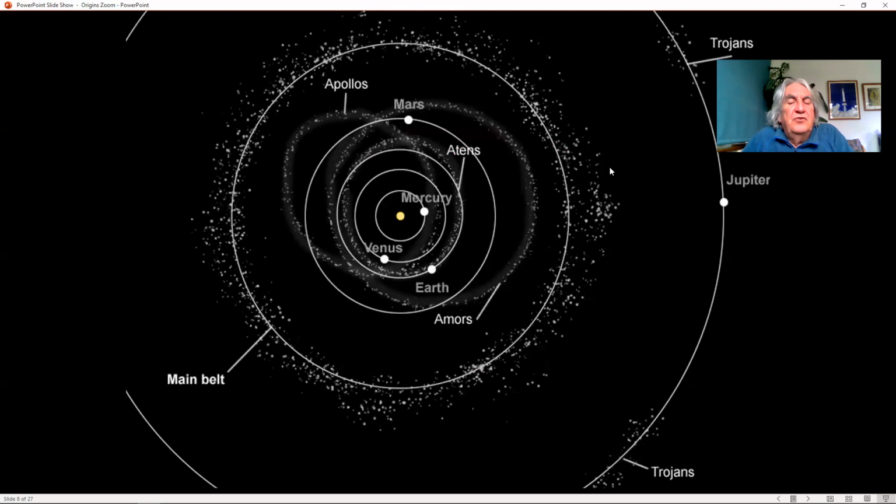One thing I would say, if your mental image of the asteroid belt is based on things like Red Dwarf or Star Wars or Star Trek or anything like that, it's not a very accurate representation. For a start, although there are lots of asteroids, most of them are quite small. And the total mass, if you add it all up, of all the asteroids in the solar system comes to much less than the mass of the Moon or Titan, the largest satellite of Saturn.